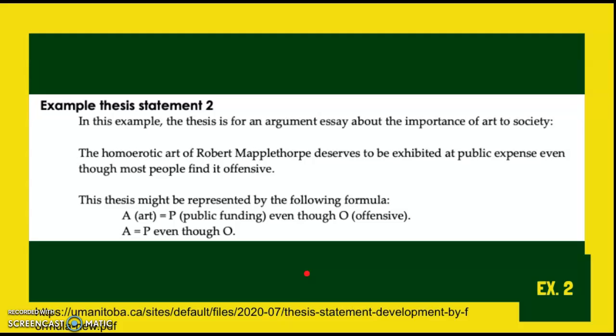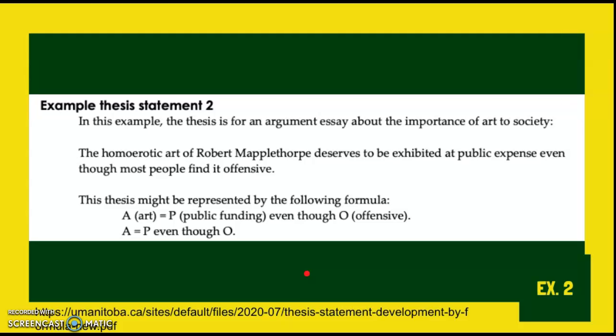So another way to agree or disagree would be to write a thesis statement using this formula, which is more math leaning. So for you mathematically inclined folks, this might be a good one for you.